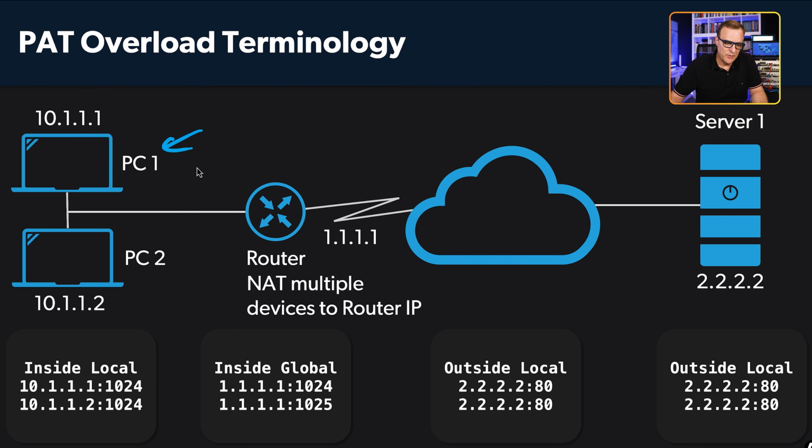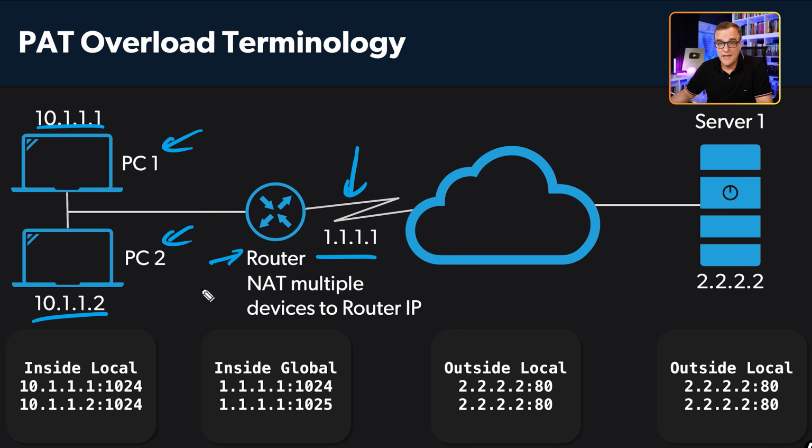With overloading, we have our two PCs with IP addresses 10.1.1.1 and 10.1.1.2, but they are NATed to a single IP address. So in the previous example, we had 3 IP addresses, one for the router and one for each host. Here we have only one IP address, which is the router's IP address, and we're going to NAT multiple devices to that single router IP address.